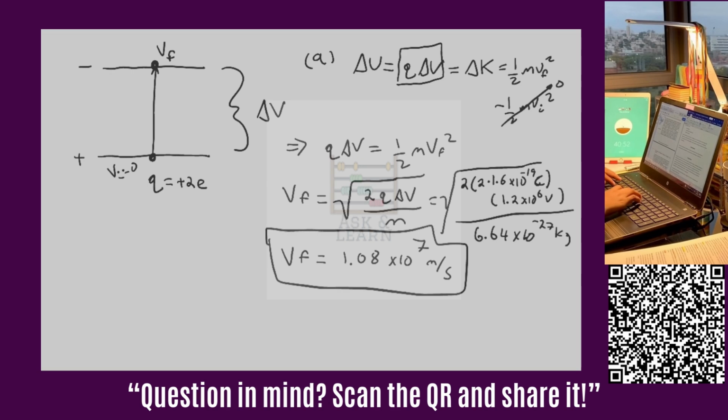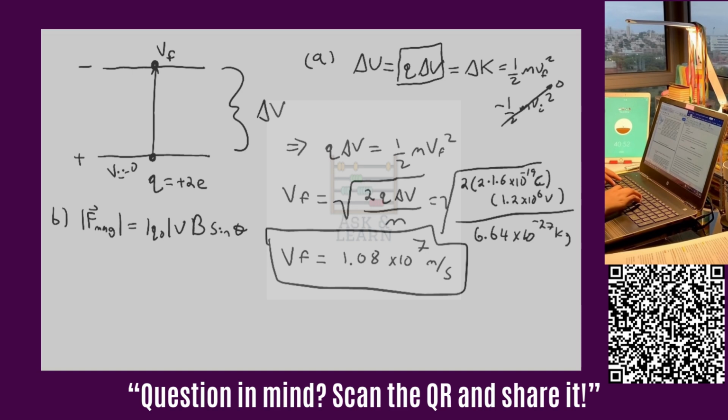Now that we know the speed of this particle, it's rather easy to find parts B and C. We're really just going to plug numbers into our equations. For part B, we want to know the magnitude of the magnetic force that this particle is going to feel, so we look at the magnitude of the magnetic force equation: the charge of our particle multiplied by its speed, multiplied by the magnitude of the magnetic field through which it is traveling, multiplied by the sine of the angle between the velocity and magnetic field vectors.